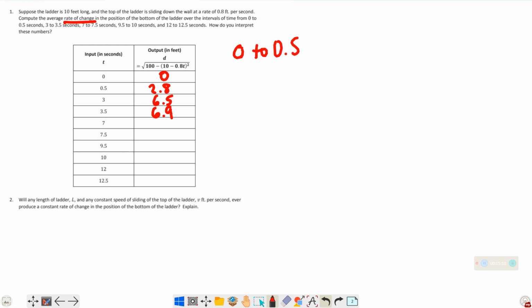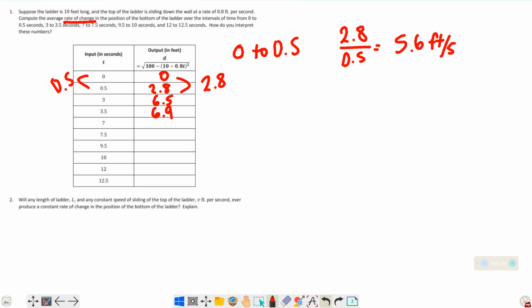That is a change in time of 0.5 and a change over here of 2.8. So from 0 to 0.5, we have 2.8 as our change in feet and 0.5 as our change in time, which is a rate of 5.6 feet per second.